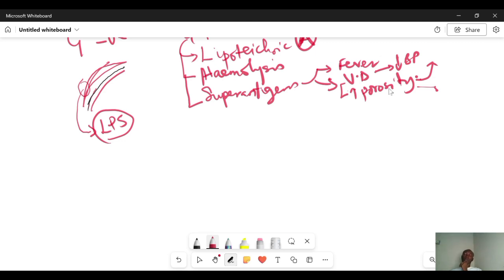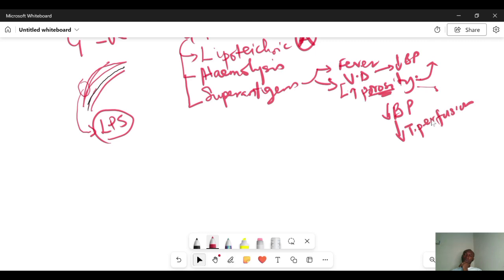So as blood leaves the circulation to the interstitial space and begins to pool there because the porosity of these blood vessels has been increased, you will know that the circulating volume is reduced. Now, this would further decrease blood pressure and will also decrease tissue perfusion.